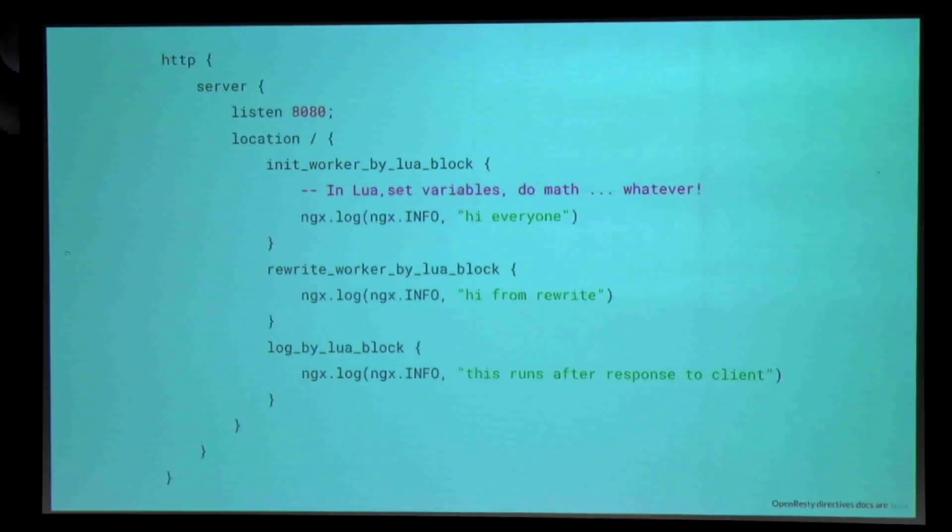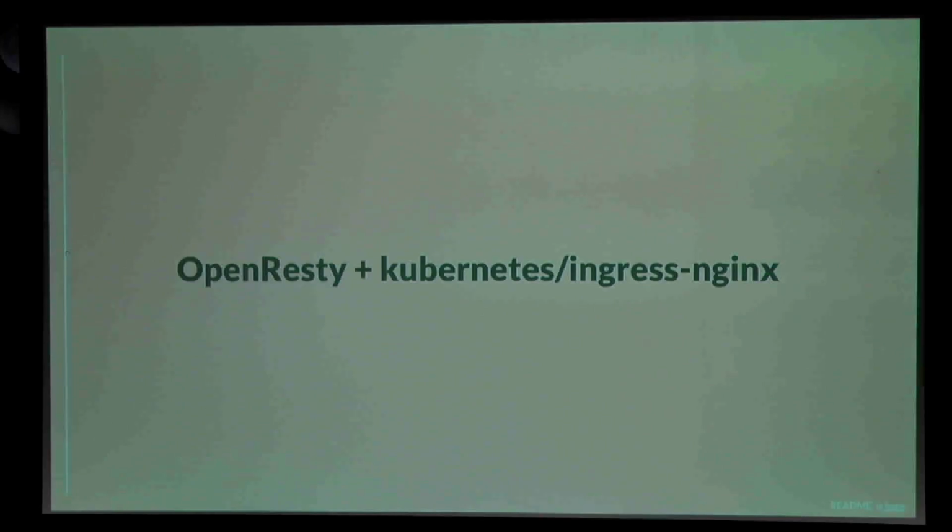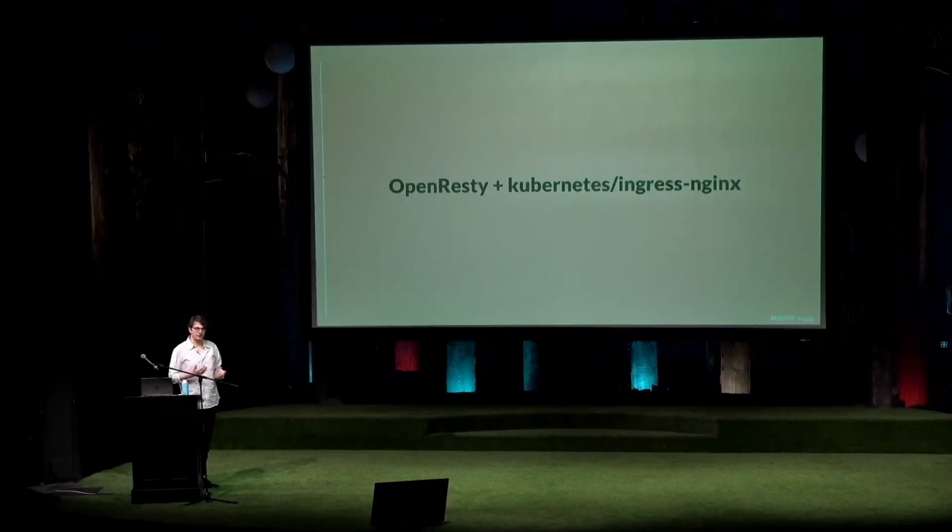The rewrite block will run when OpenResty receives the request, but before it sends it off to the upstream that's going to actually generate the HTTP response. And then the log by Lua block will run sometime in the future after the response has been returned to the user. So this is where you're going to need to shove your Lua if you want to trace NGINX using Lua. And we use Ingress NGINX as a way of deploying OpenResty.